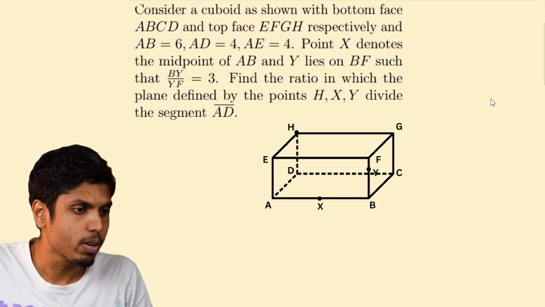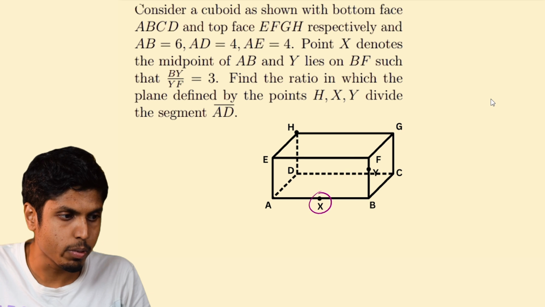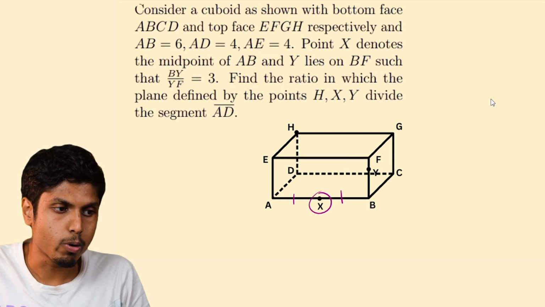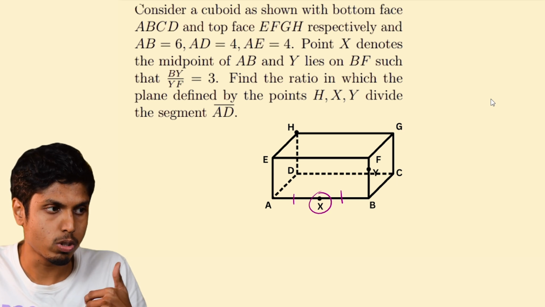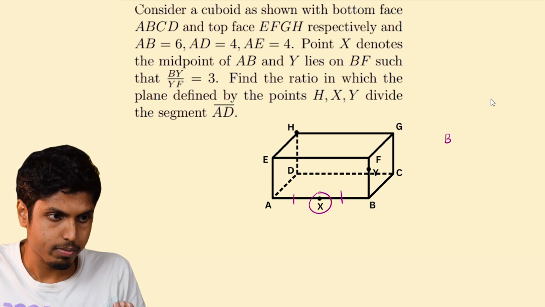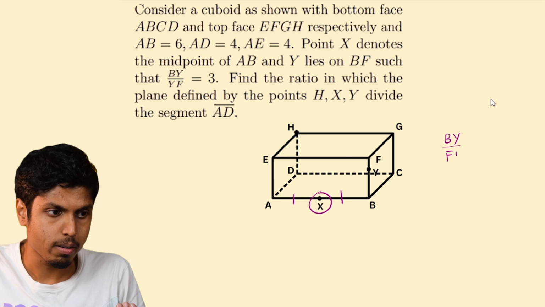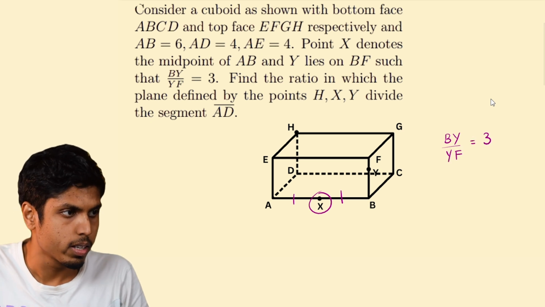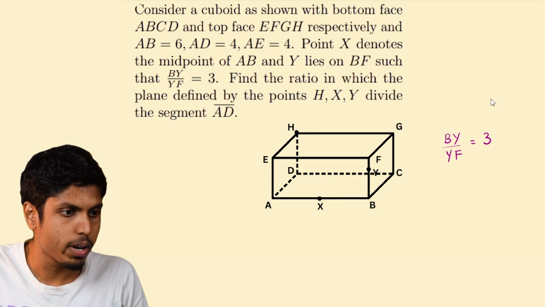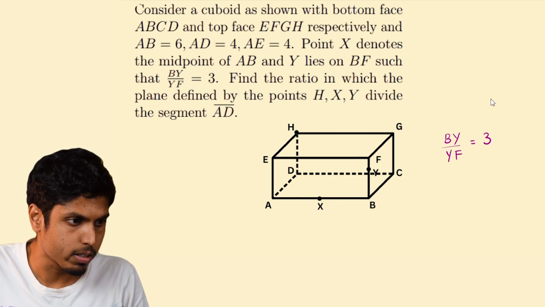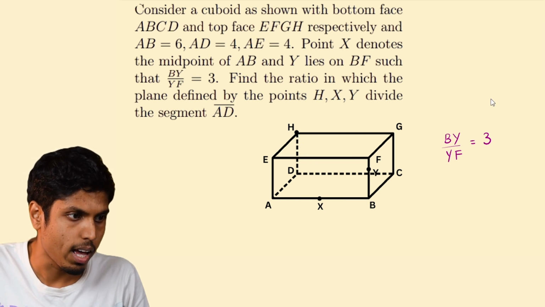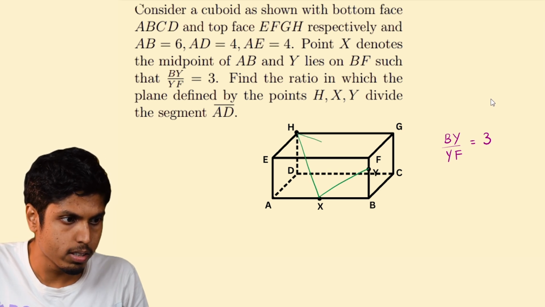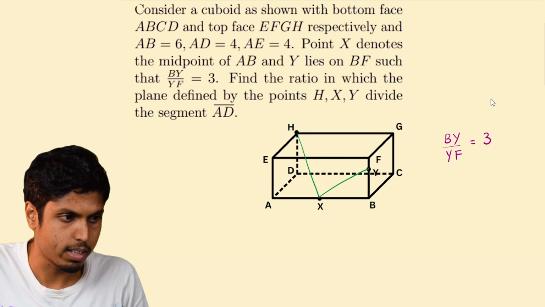And as you can see, the point X is the midpoint of AB and Y the point that divides BF in the ratio 3:1, are marked clearly. Now, let's take the plane formed by the triangle H, X, Y. Now, this is the plane that contains this triangle. That's it.